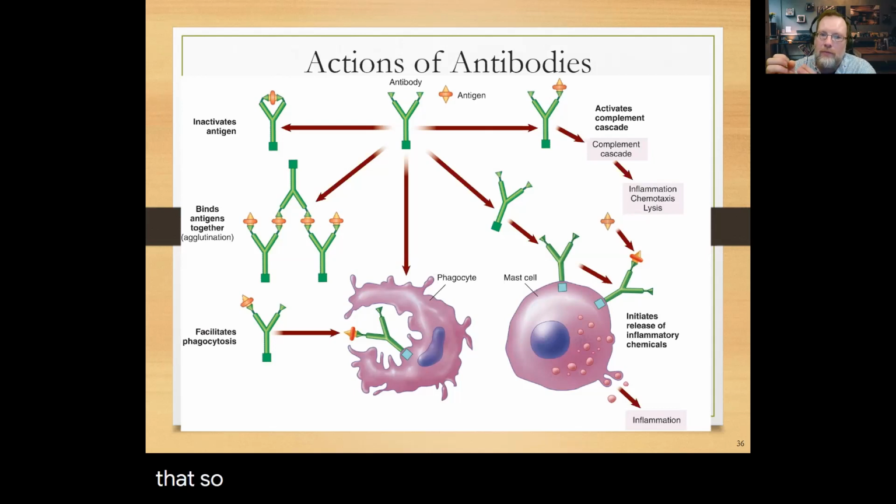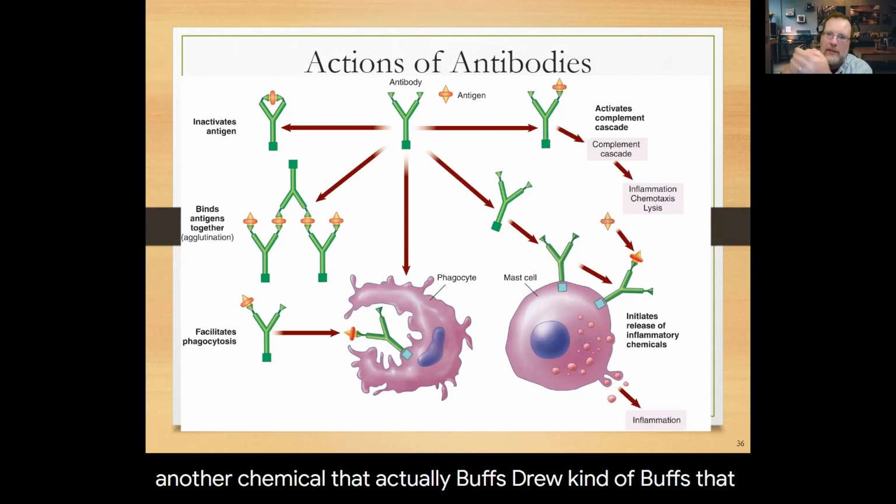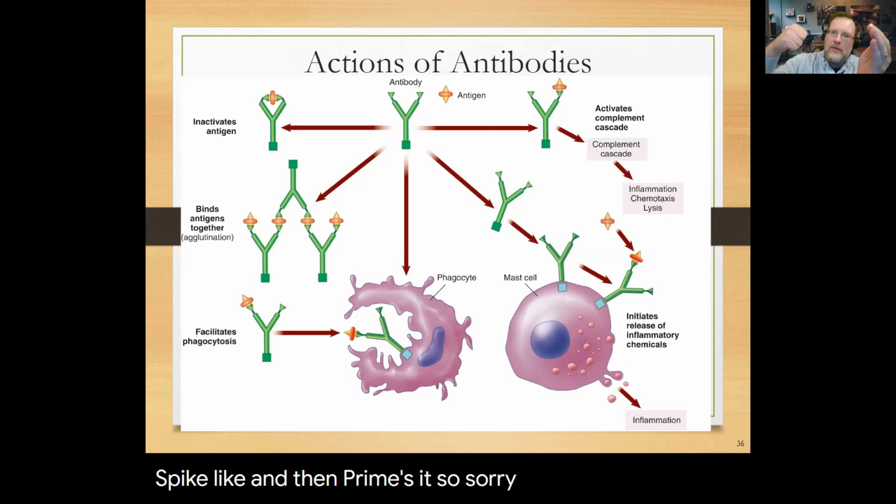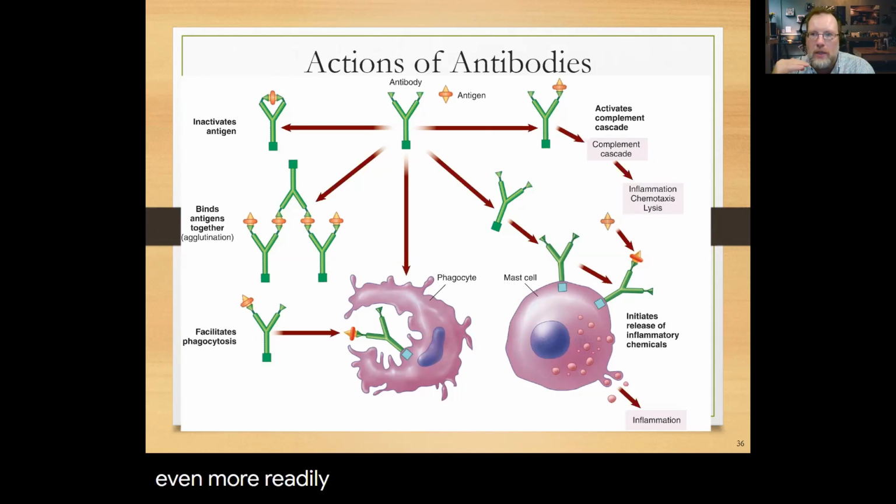So they've just recently discovered that there's another chemical that buffs that spike and then primes it, so our ACE2 will accept it even more readily. So if we can eliminate or get an off switch for that enzyme, then maybe we can get somewhere.